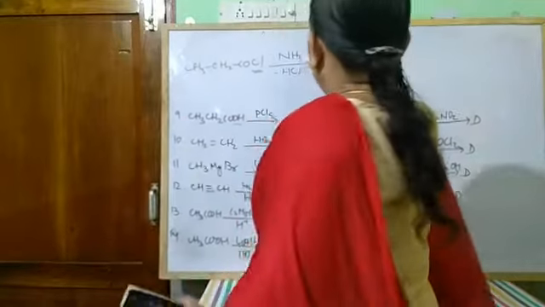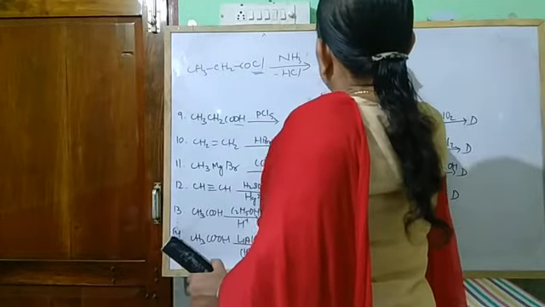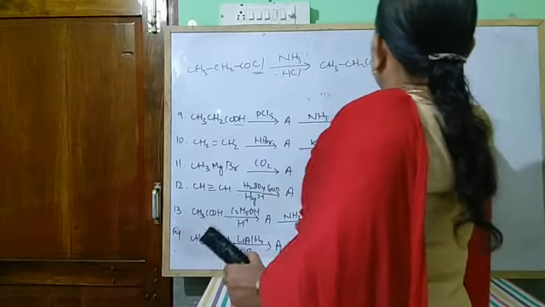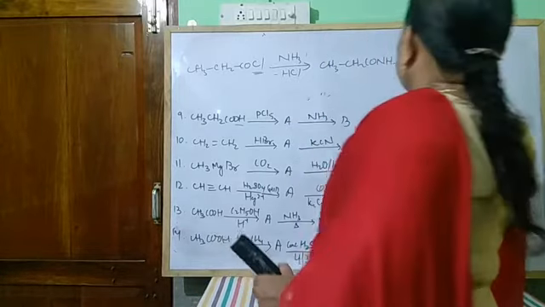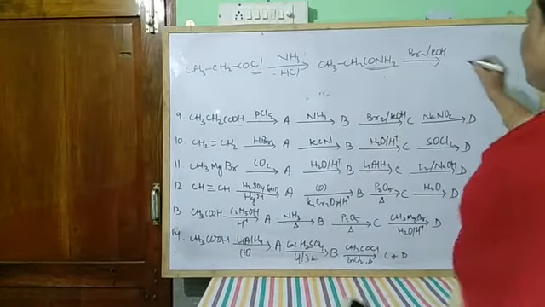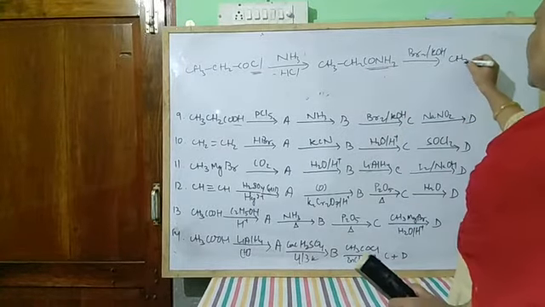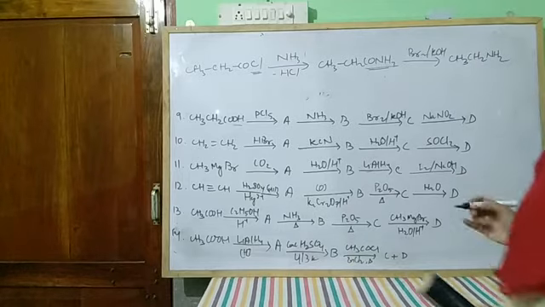So it will form the amide, and when it is treated with bromine and KOH, the CONH2 group is converted to an amine, according to the Hofmann bromamide reaction, giving NH2.